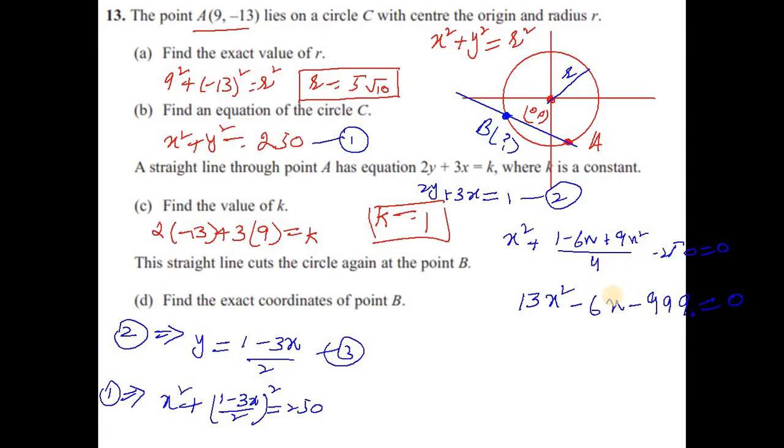And then you can use the factorization method, which is quite difficult in this case because of the large numbers. So it's better to use the quadratic formula. So x is equal to minus b plus or minus the square root of b squared minus 4ac, all over 2a, with b equal to minus 6, a equal to 13 and c equal to minus 999.